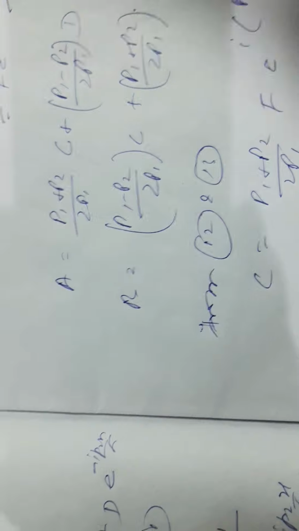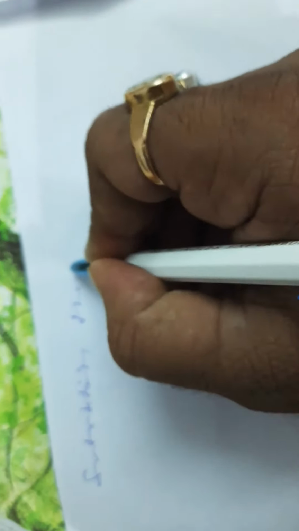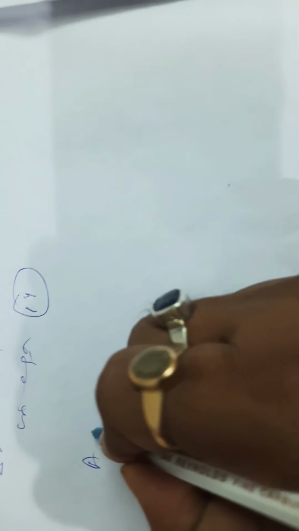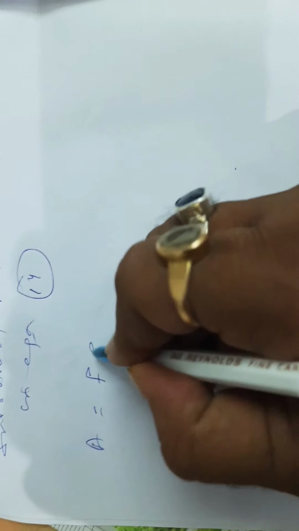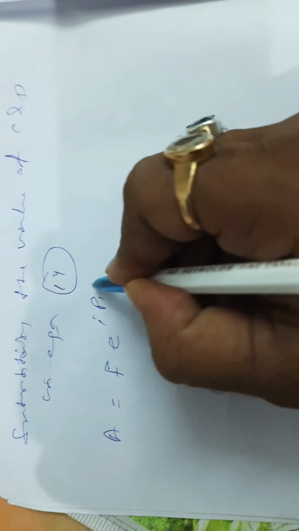Now substituting this value of C and D in equation number 14, which we have obtained earlier, we get A equal to F into e to the power i P1 L by h cross by 4 P1 P2.